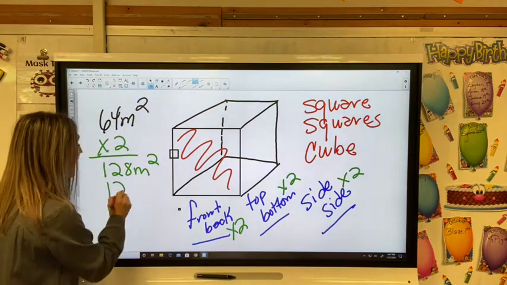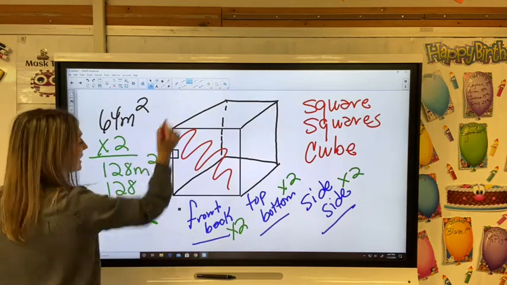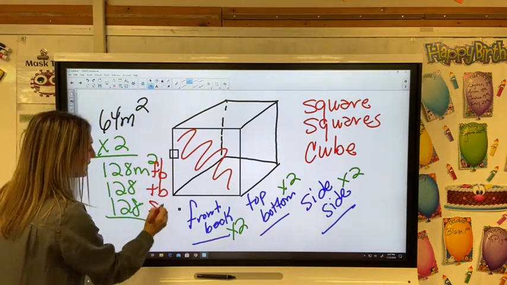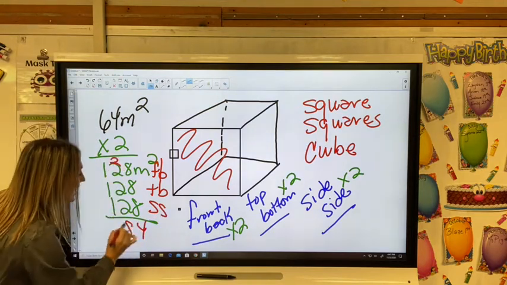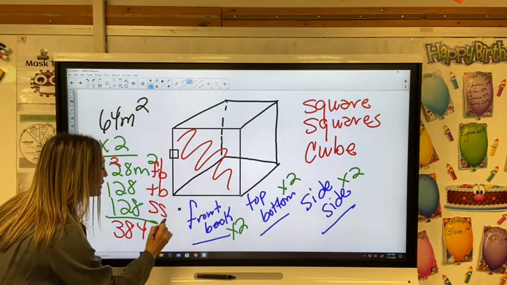So I can just add 128 three times, for the front and the back, the top and the bottom, the side and the side. I add those up, and I get 384 meters squared.